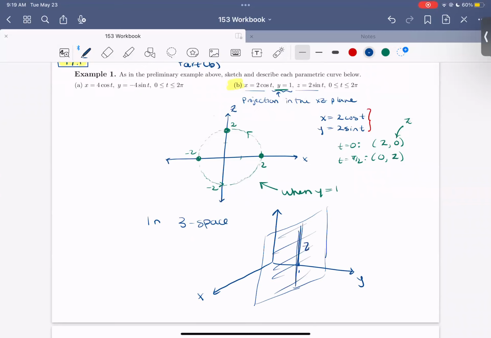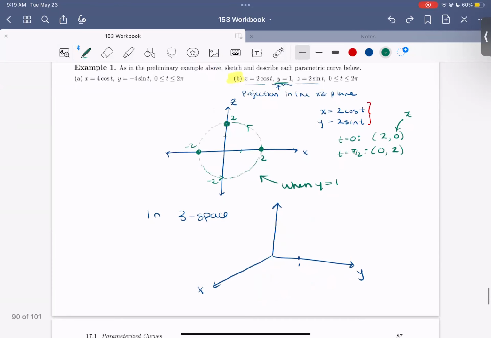We can kind of visualize that plane that we just sketched. Here's the z-axis, here's the x-axis, and what we just drew was a circle with radius 2 in here. If we wanted to see just the image of our circle, it would be centered at this point here. It would be located in that xz plane that's 1 distance away in the y direction.